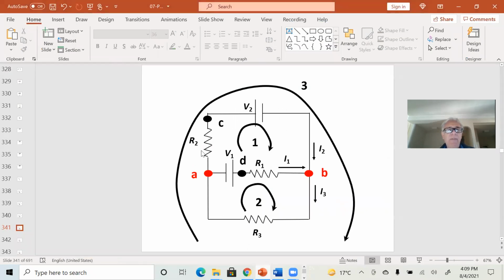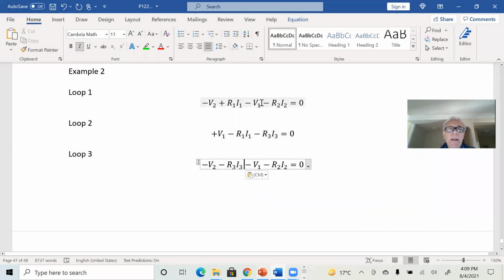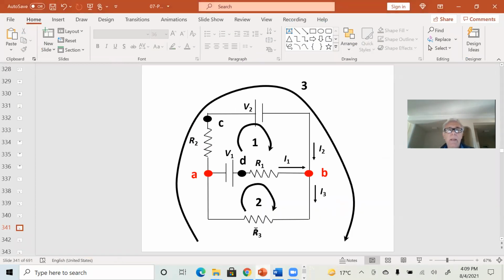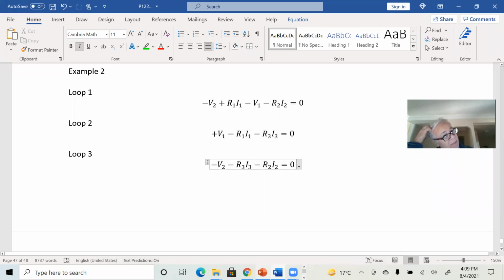And finally, we have R2, flowing along the current, so we're going to lose electric potential as well. That comes from loop 1. So only 3 elements for loop number 3. 3 equations, 3 unknowns. But we can get 2 more equations from the nodes.